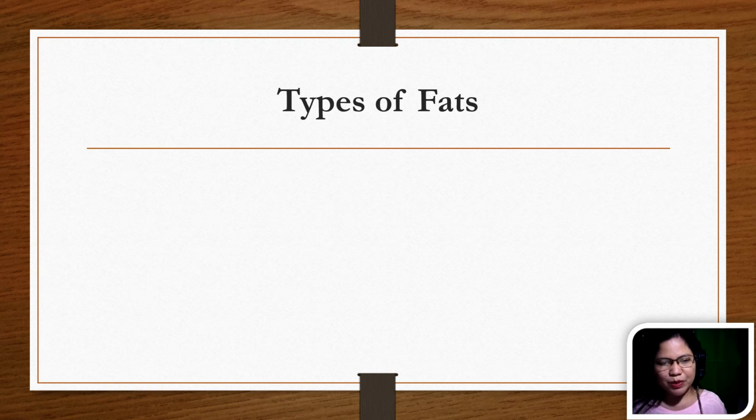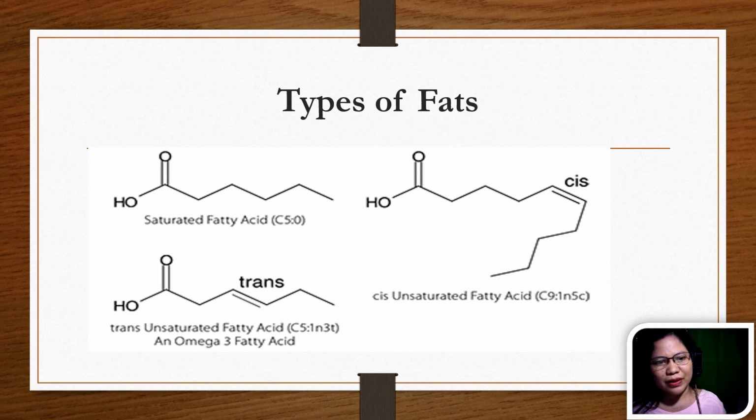We have also different types of fats, like the saturated fatty acids, trans fatty acids, and unsaturated fatty acids. As I've mentioned, there are some fats that are not good for our health, especially the saturated fats and the trans fats. The good sources of fats are the unsaturated fats. It could be monounsaturated or polyunsaturated fats that can lower the risk of having different diseases.